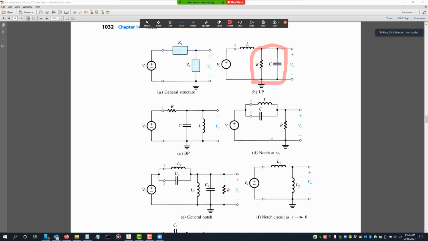If we put the resistor as the zero impedance, we have a notch or a band stop. And if we want to formulate a general notch, we could do it this way as well.